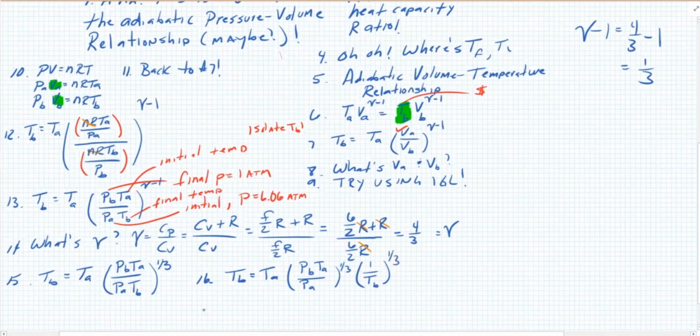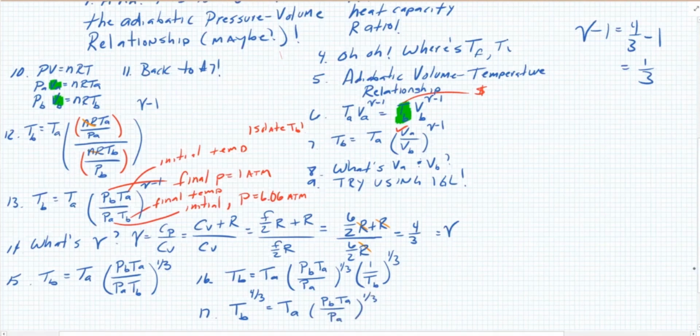So then my next little math step, you can do this however you want. I'm going to say TB to the 4/3 equals TA times PB, TA over PA, there.